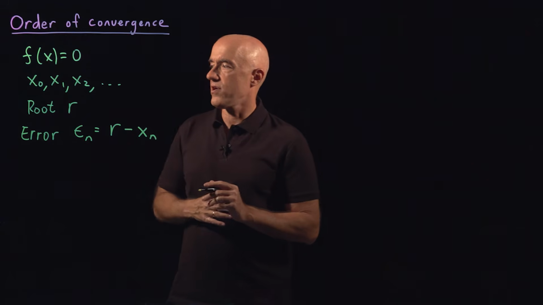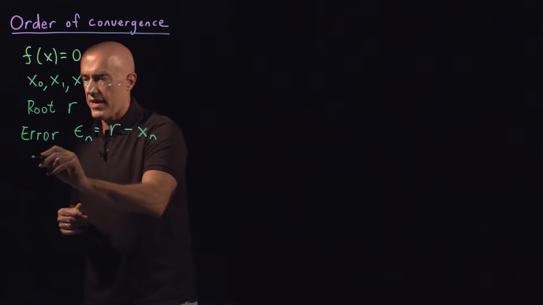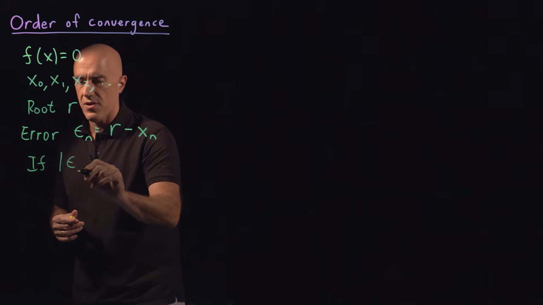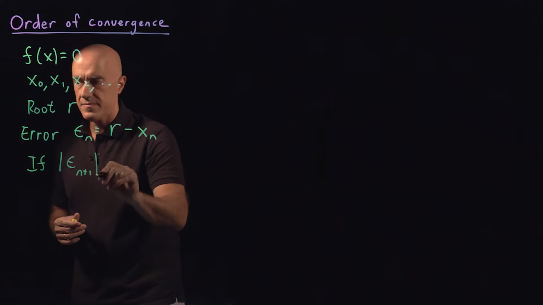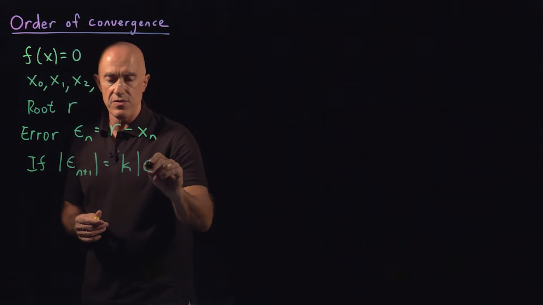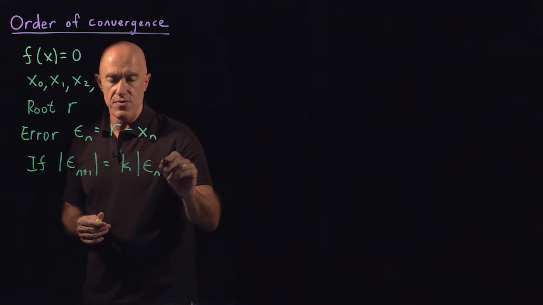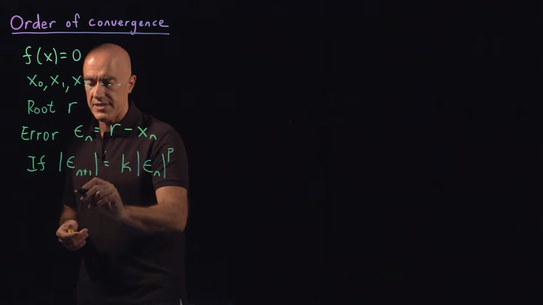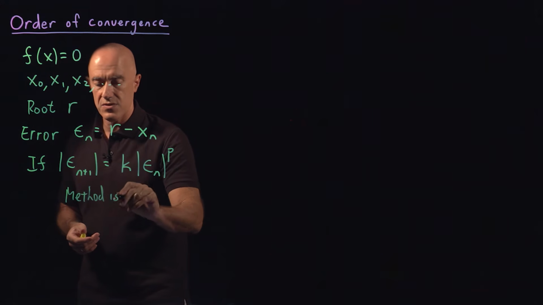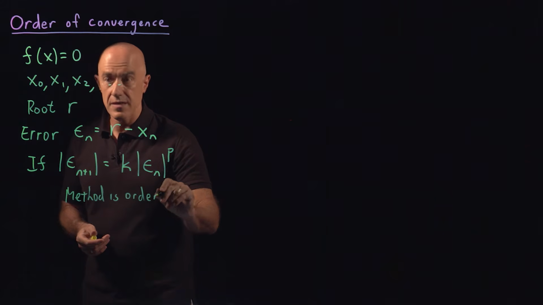So what is order of convergence? If the absolute value of the error at n plus 1 is equal to some constant times the absolute value of the error at the nth iteration raised to some p value, then we say that the method is order p.